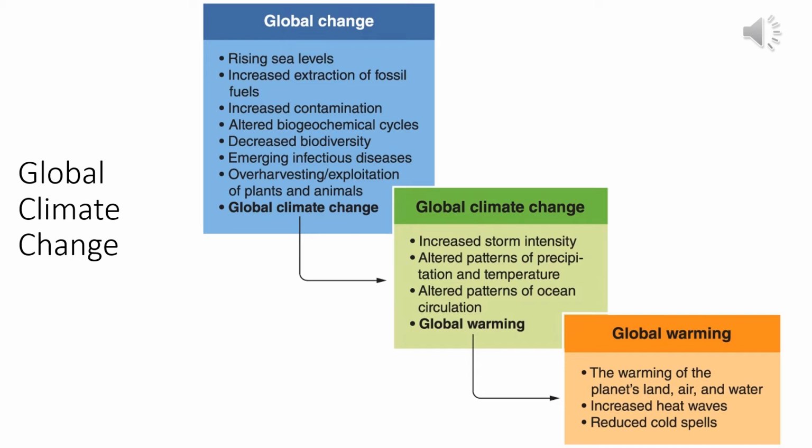Global climate change, however, is directly looking at increased storm intensity, patterns of precipitation and temperature, changes in ocean circulation, and the process of global warming, where trends tend to indicate that land, air, and water are becoming warmer. This also leads to increased heat waves and less strong or less lengthy cold spells.